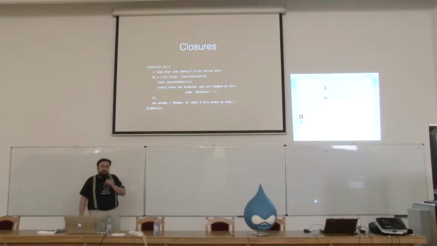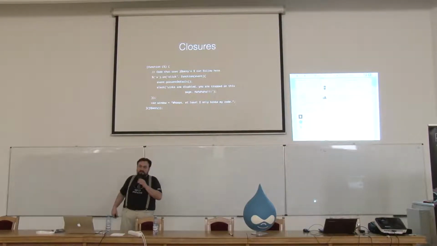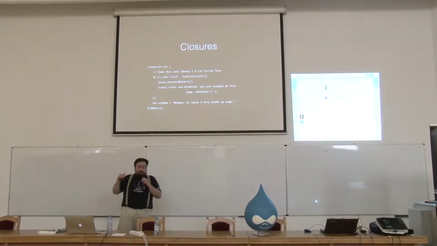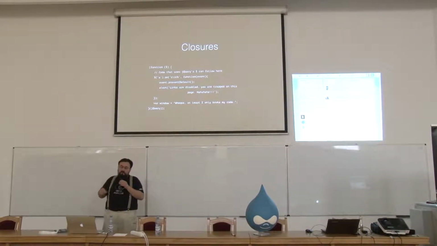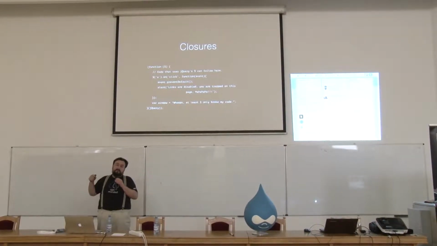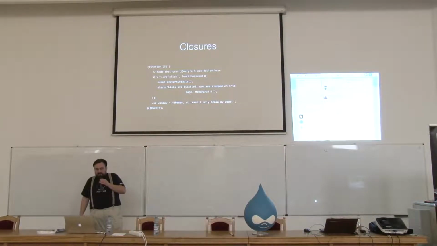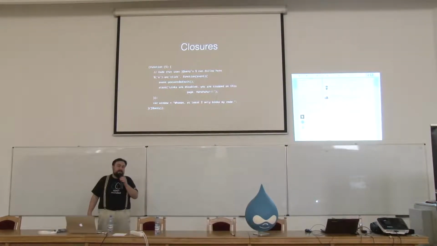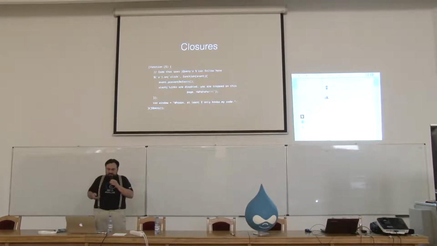Okay, now when you're using Drupal, you're basically using different libraries, different code from different people. So one way to isolate your code from theirs, and to basically protect yourself from their mistakes and them from your mistakes, is to use closures. A closure is just a nice way to say an anonymous function. And this helps you in a couple of ways.